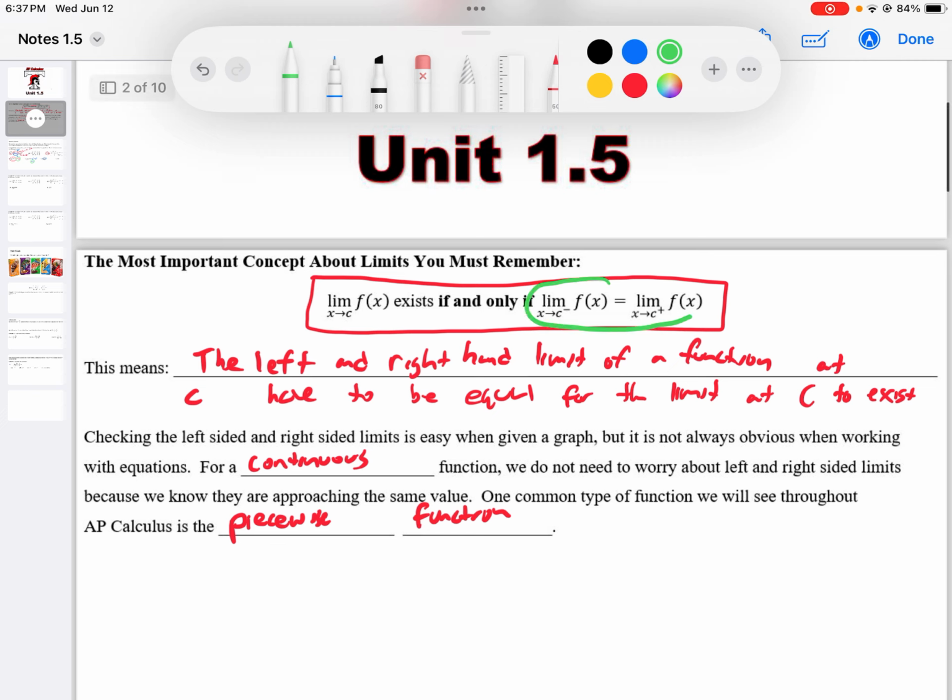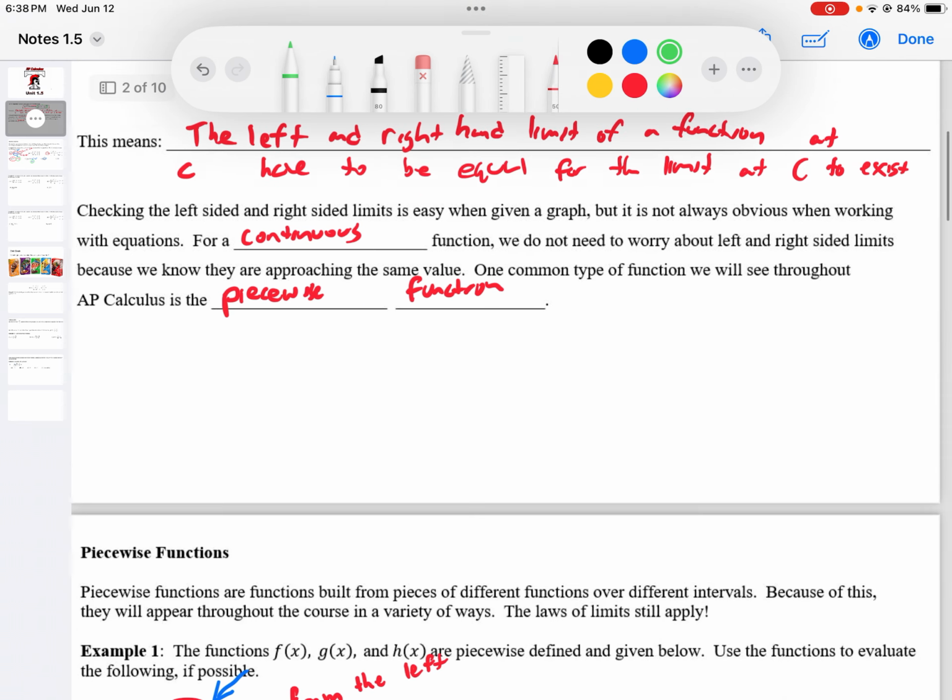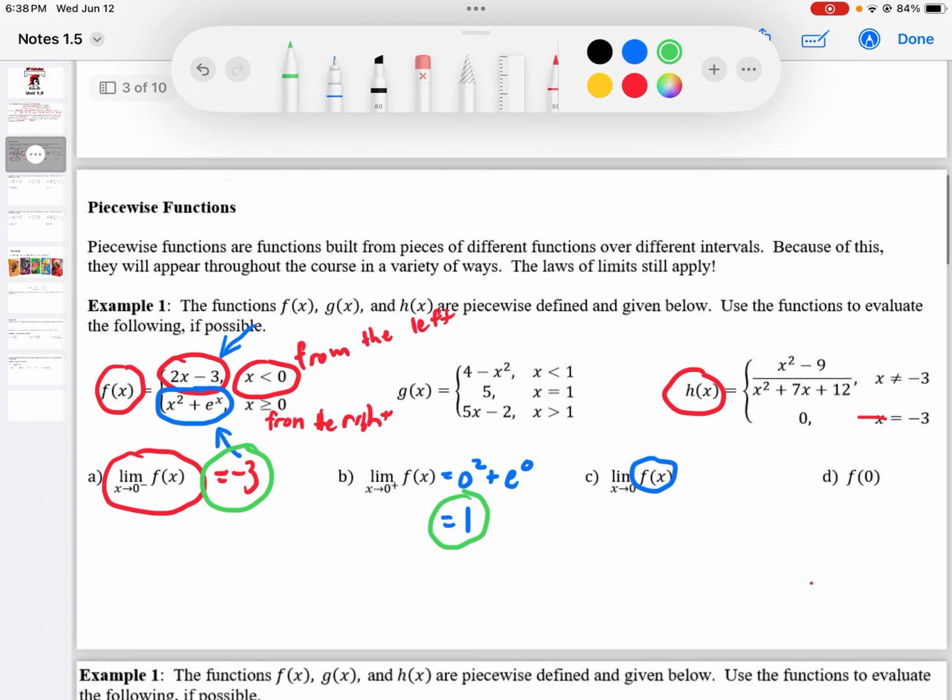Now remember, we just talked about this: the limit only exists if the limit from the left is equal to the limit from the right. And since those aren't equal, we're going to write for D and E: does not exist. All right, f of 0, which means what's the function value of f at 0?